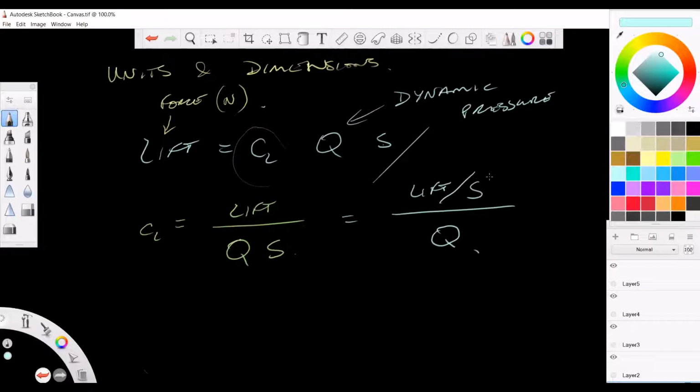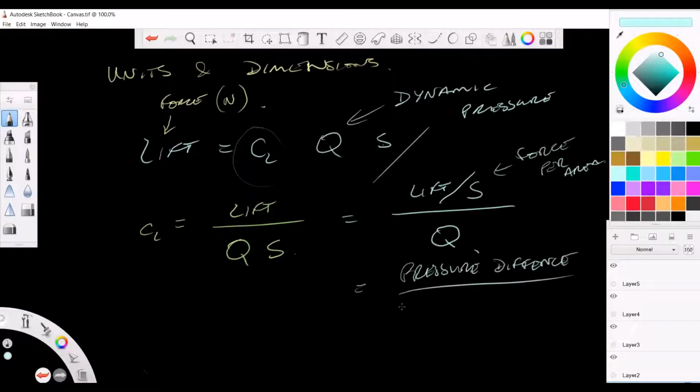If we divide the total force, so lift is the force on the wing, by the wing area, that's force per unit area. So this is the pressure difference across the wing, the average pressure difference between the lower and the upper surface of the wing, divided by dynamic pressure.